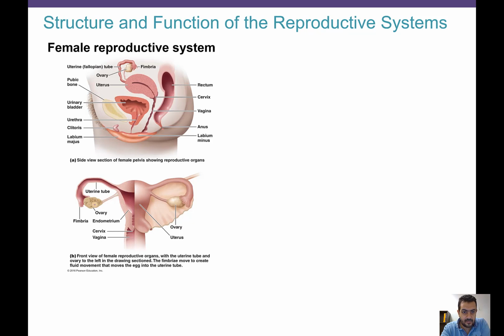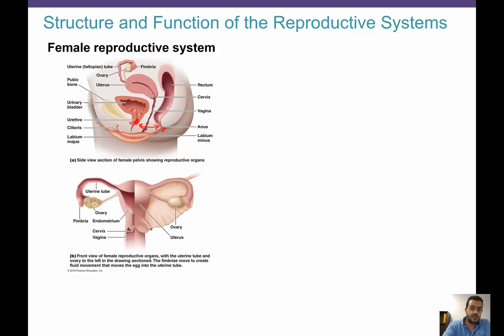So here we have the anus, if you remember, in the female, and we have the urethra here. As you can see, the close proximity between the anus and the urethra makes the female more susceptible to coliform related urinary tract infection.